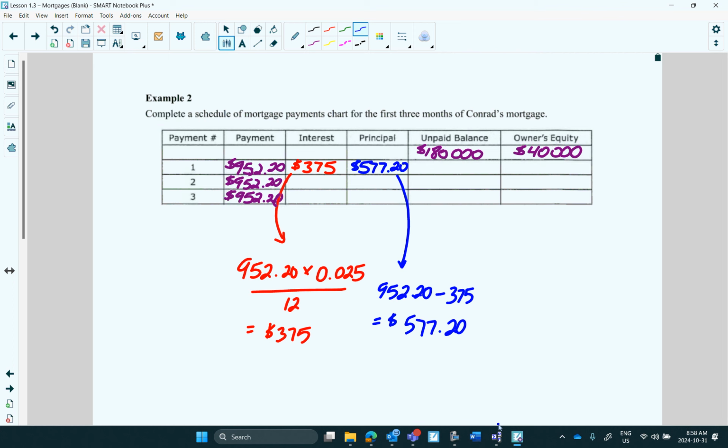So how do we calculate his unpaid balance now? Well, how much has he put towards the loan? This amount, right? So to figure out how much he still has left to pay, starting the next month, we do 180,000 minus the 577.20 he paid.